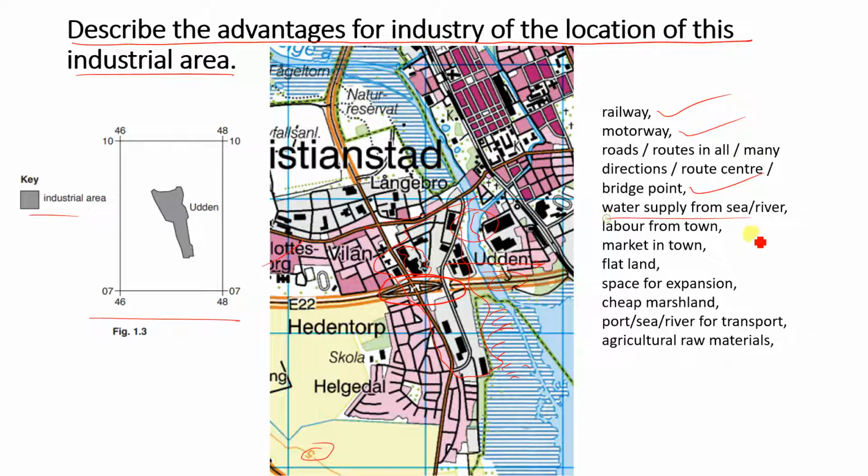So water supply, labor from the town, and you can also get markets from the town because a lot of people live there, and there is space for expansion. The marshland around will be used for expansion, which is very cheap. Obviously there are flatlands, and you have river and sea for transport, and agricultural land too. So this area here is for agriculture.